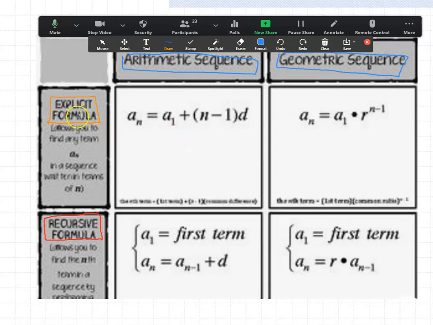If you are dealing with explicit formulas, a sub n equals a sub 1 plus d times n minus 1, this would be the arithmetic sequence formula. Geometric would be a sub n equals a sub 1 times the common ratio to the power of n minus 1.